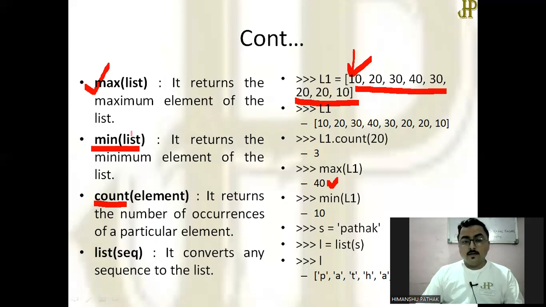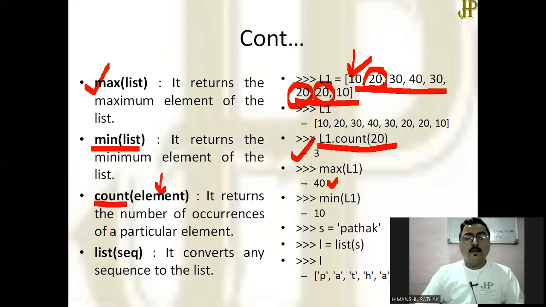But here count will check whatever argument is passed. It will check how many occurrences are present in the list. So I have put 20. 20 comes 3 times. 20, 20, 20. So 3 will be printed.